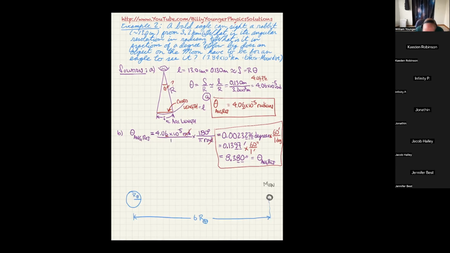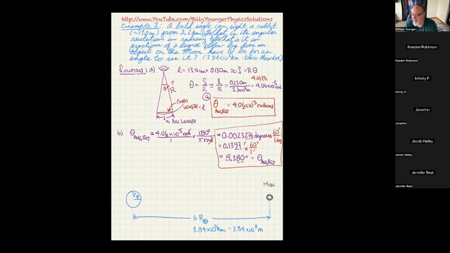Now, what I will tell you is this is approximately 3.84 times 10 to the 5th kilometers. And that is, of course, 3.84 times 10 to the 8 meters, which you can see is a little bit bigger than a light second.